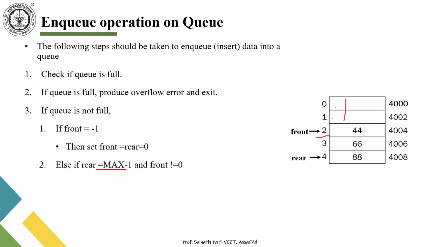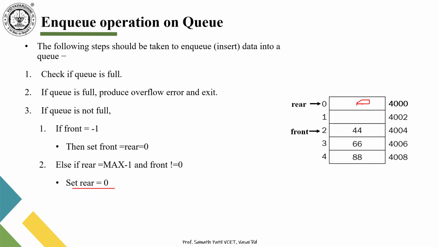So these two spaces are there. If it is like this, else if rear is equal to max minus 1 and front is not equal to 0, that means we have deleted some data. Then in this case, we set rear equal to 0 and we can add data at this position.